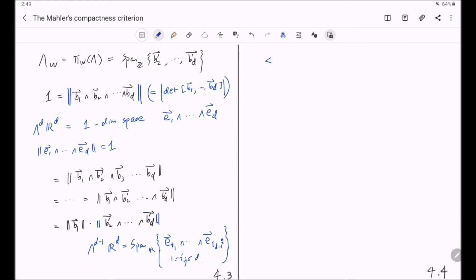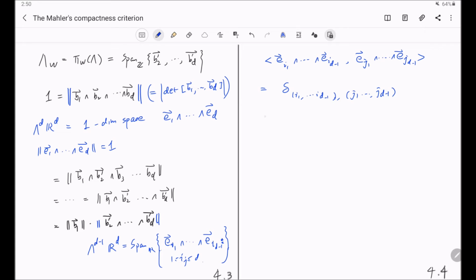The inner product on this space is defined through the following. If you take e_{i1} all the way through e_{i,d-1}, and e_{j1} all the way through e_{j,d-1}, this will be the Kronecker delta of the pairs (i1 through i_{d-1}) and (j1 through j_{d-1}).